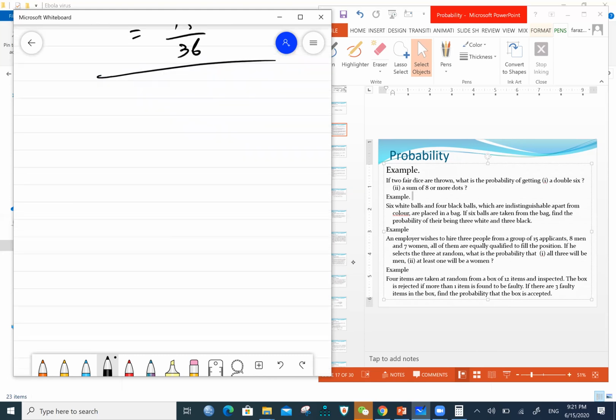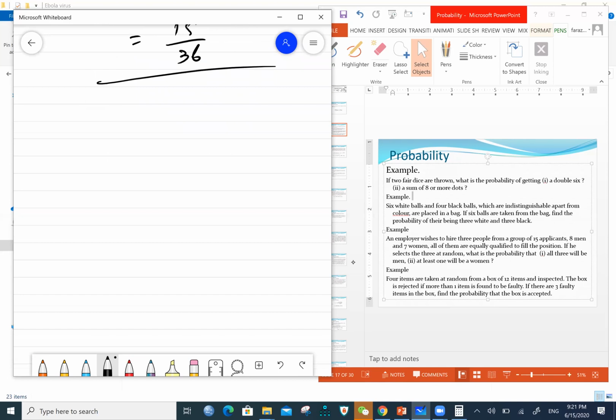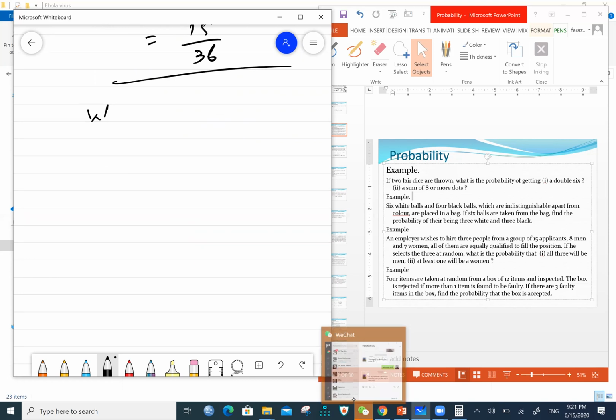So the second example: 6 white balls and 4 black balls, which are indistinguishable apart from the color, are placed in a bag. If 6 balls are taken from the bag, find the probability of there being 3 white and 3 black. 6 white, 4 black.